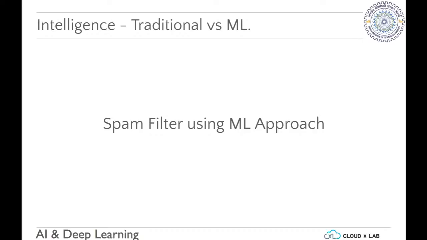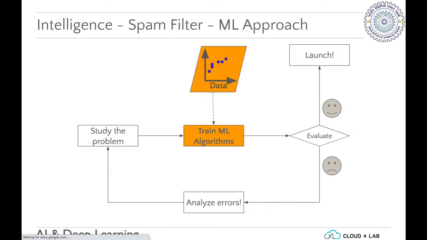Now, let's take a look at the spam filter using a machine learning approach, right? We, the engineers or the scientists or the data analysts, study a problem, and then we train the machine learning algorithms on the given data. We give the data, we format the data, we feed it to the algorithms.